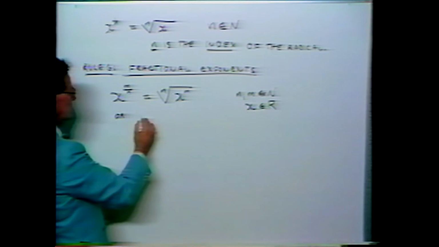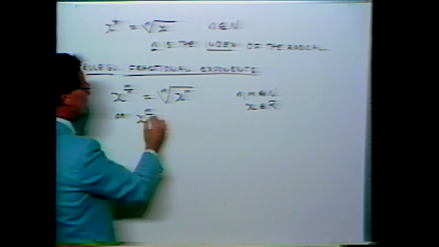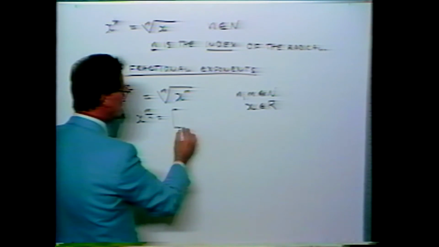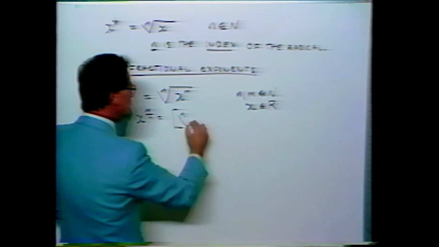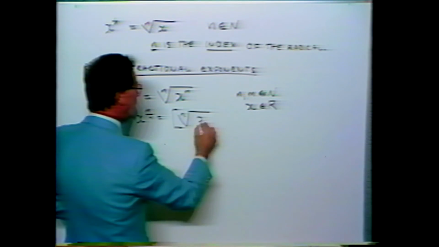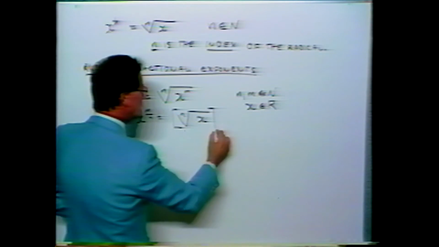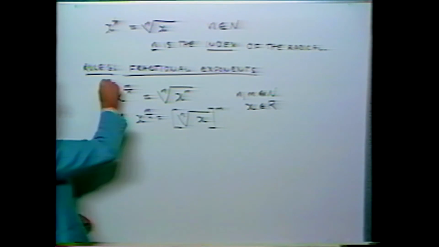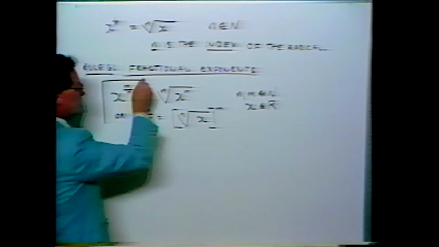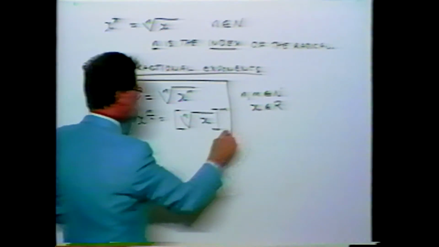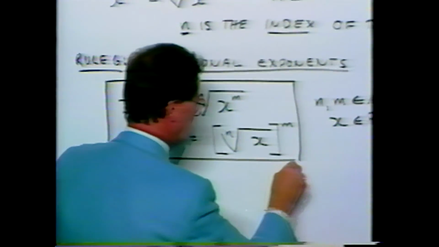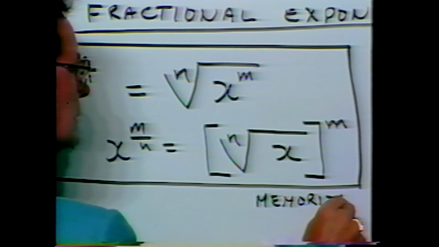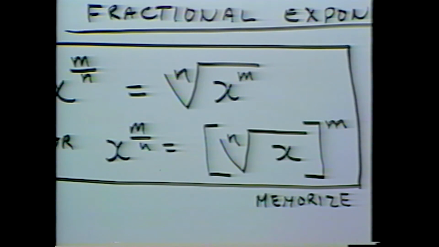Or x to the m over n is equal to the nth root of x, all of which is raised to the mth. Memorize these results.